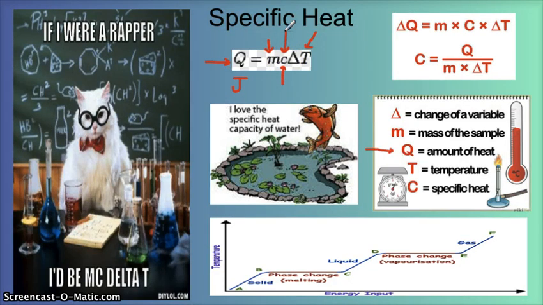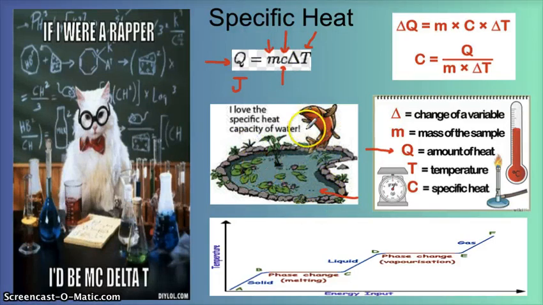You may remember that the conductors, the ones that have the low specific heat, absorb heat better. The things that are very high, like water or liquids, have a very high specific heat, and they just don't conduct as well as the solids do.